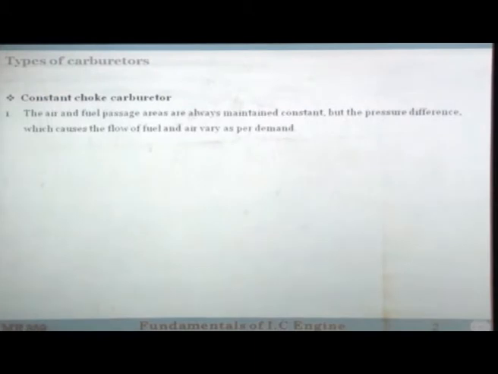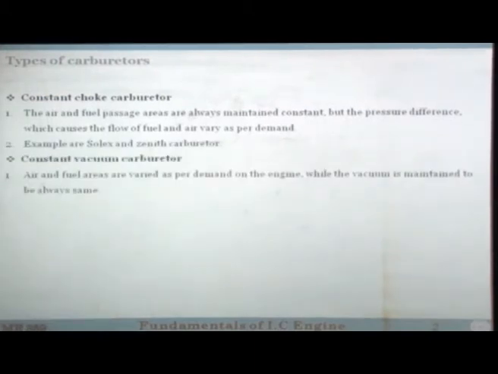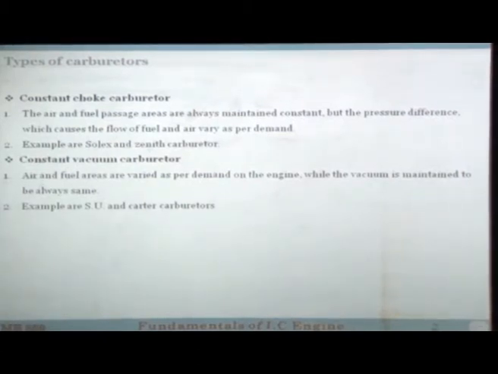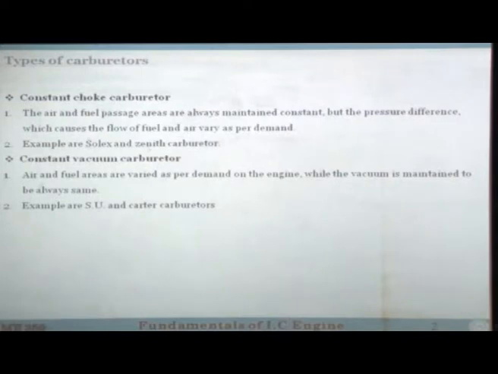So, if you look at the types of carburetors, there are two main types. One is called constant choke carburetor, the other one is called constant vacuum carburetor. So, in constant choke carburetor, the air and fuel passage areas are always maintained constant. So, basically the areas are constant, but the pressure difference which causes the air and fuel flow varies as per demand.